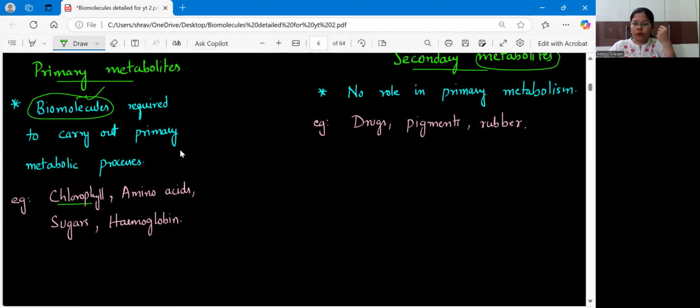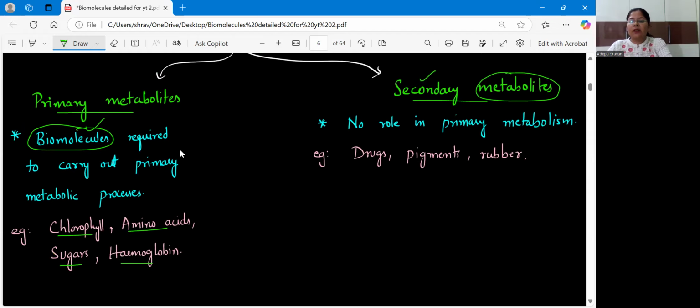We know the function of chlorophyll. It is a pigment, isn't it? Chlorophyll A, B, C. We have green color pigments which are involved in taking the sunlight, and then it is involved in photosynthesis. That is nothing but carbon fixation in the plants. Then amino acids involved in protein synthesis, sugars, hemoglobin, all these things. So these are the components whose function we know, and they are actually involved in metabolic processes in the body.